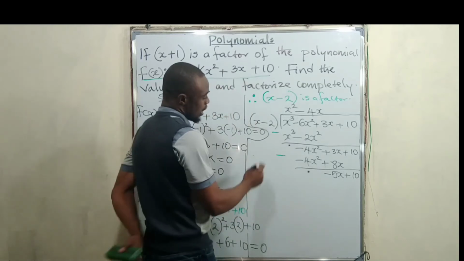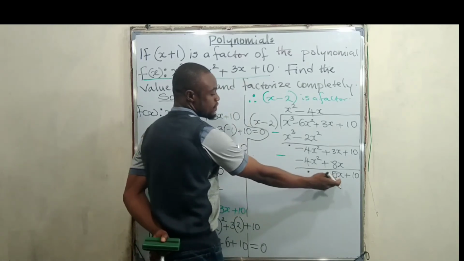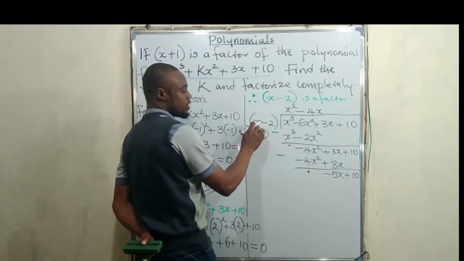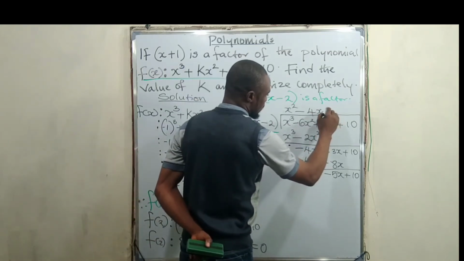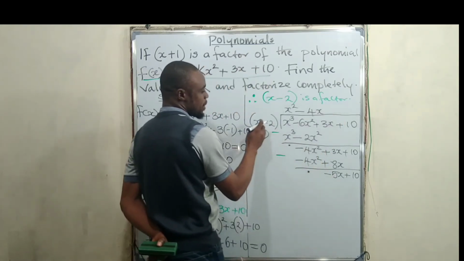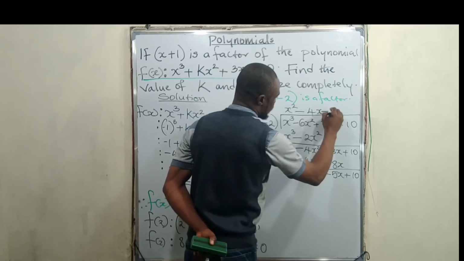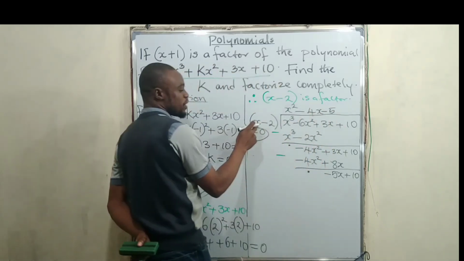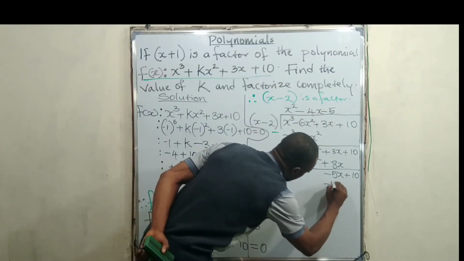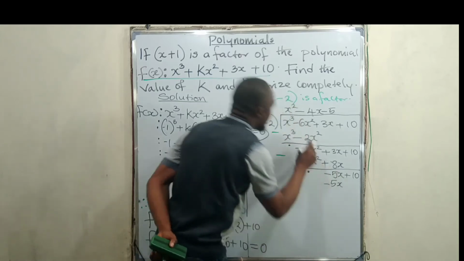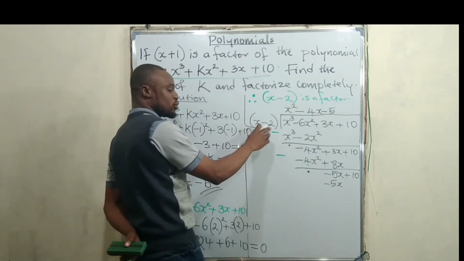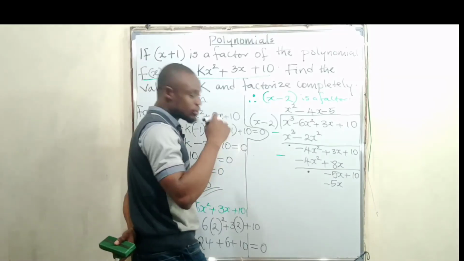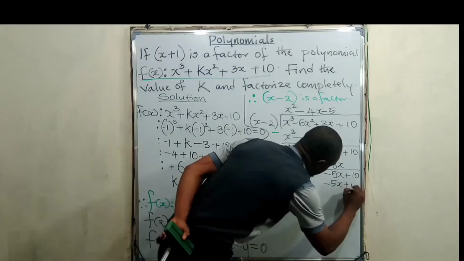Okay, and minus 5x divided by x here we have a minus 5. So minus 5 multiplied by x is also minus 5x. And minus 5 multiplied by minus 2, we have a plus 10. So this is plus 10 here.